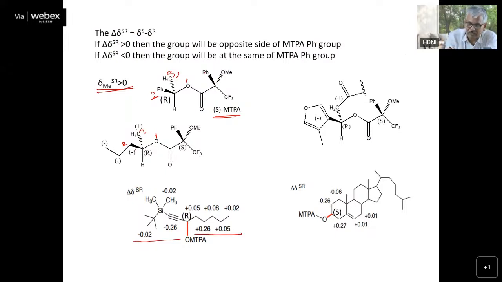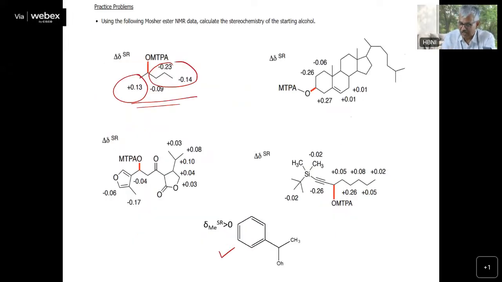So here will be your alkyl chain, and here will be your acetylenic system. Now, the priority of the acetylenic carbon is more than this, so automatically this will be 1, 2, and 3. Again, this will also be R. Same way, if you do it for this molecule also, you will get R.